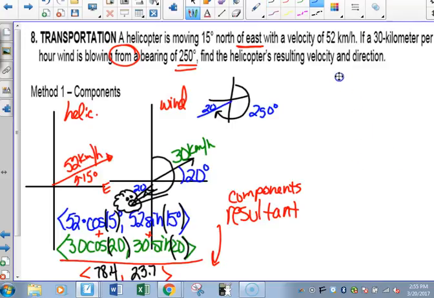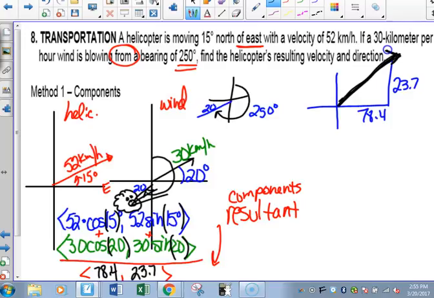All right. So what has happened is the resulting vector looks like this. 78.4 and 23.7 are the components, but the vector would be this. We need its magnitude, which means length, and its angle. How do we find the length of that side, guys? Pythagorean theorem.